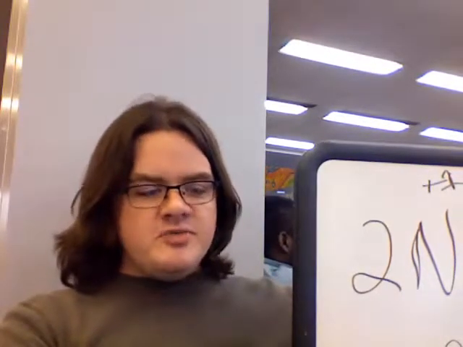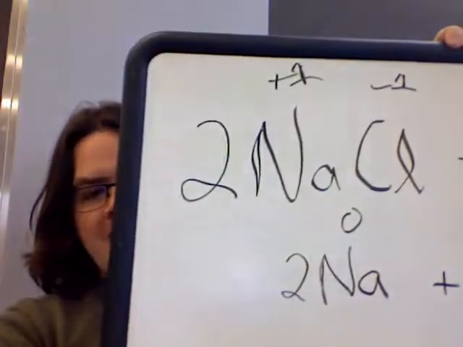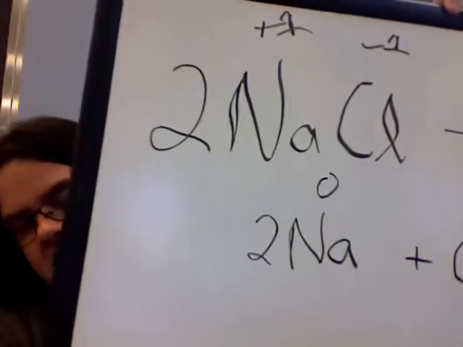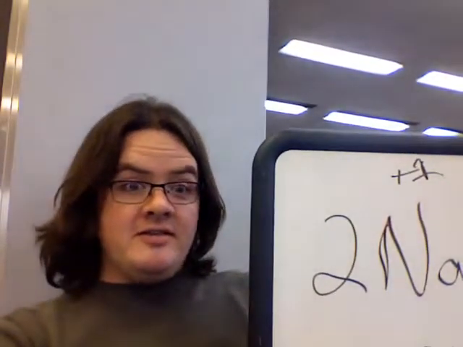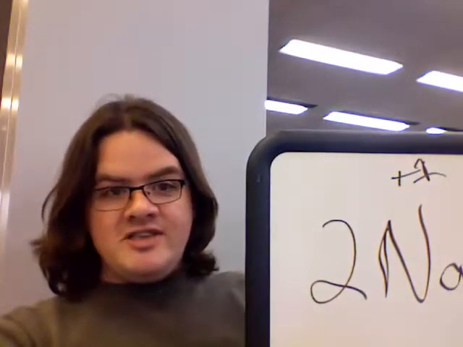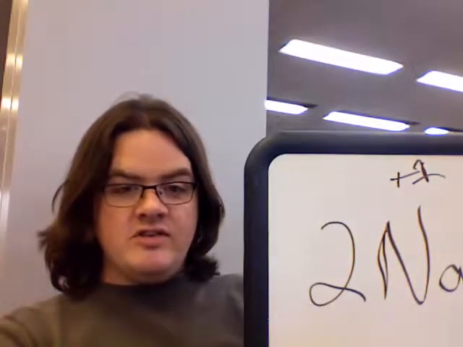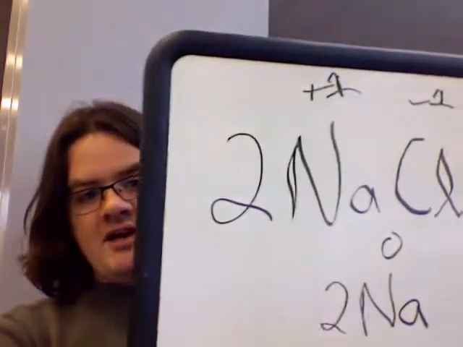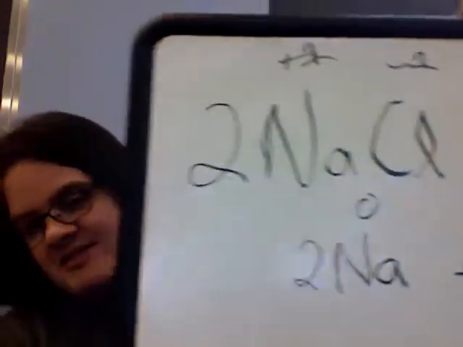So a question you might have is, why is it 2 NaCl goes to 2 Na plus Cl2? Well, that is a topic relevant to another subject in chemistry I'm not going to fully discuss with you, involving halogens and electron placement. That isn't entirely relevant to this topic, but just appreciate it for now. So 2 NaCl goes to 2 Na plus Cl2.